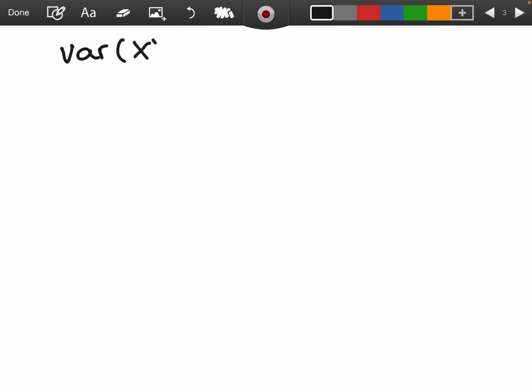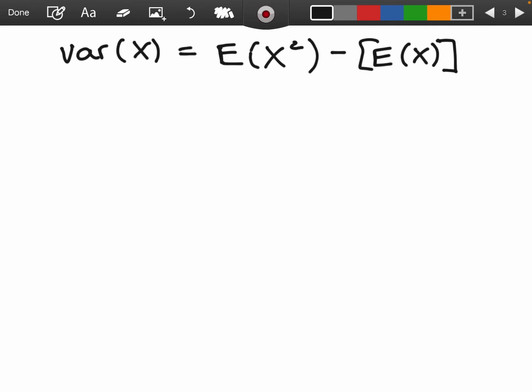And that is that we can find the variance of x by looking at the expected value of x squared minus the expected value of x, so the mean, all squared. Okay. Like I said, this is helpful when you have a ton of data points.